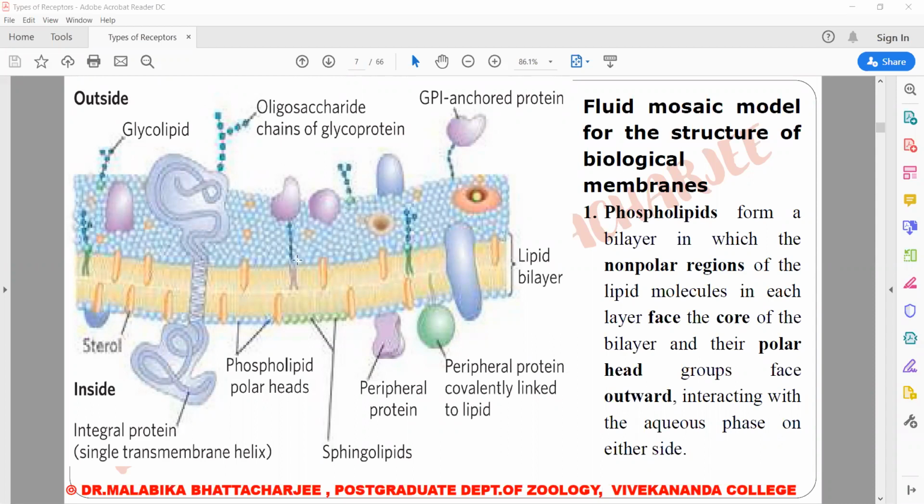And as you can see in the bilayer, the polar heads are facing outward and interacting with the aqueous phase on either side. And the hydrophobic region or the tail is facing each other.